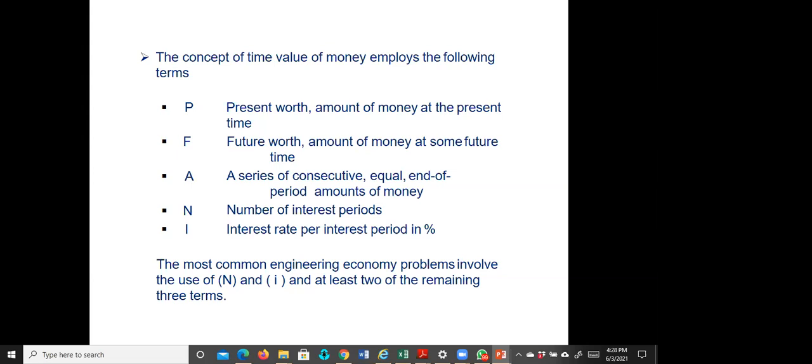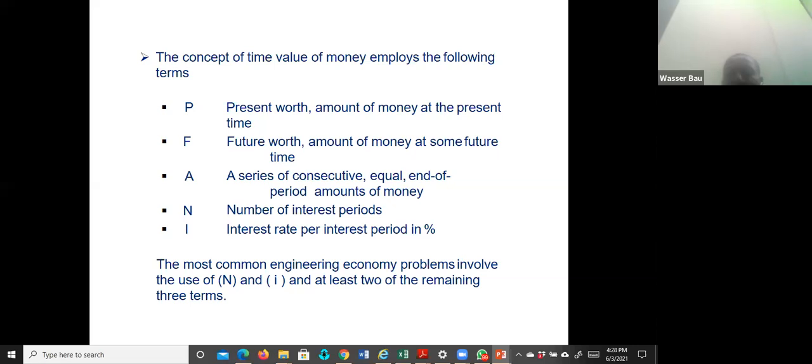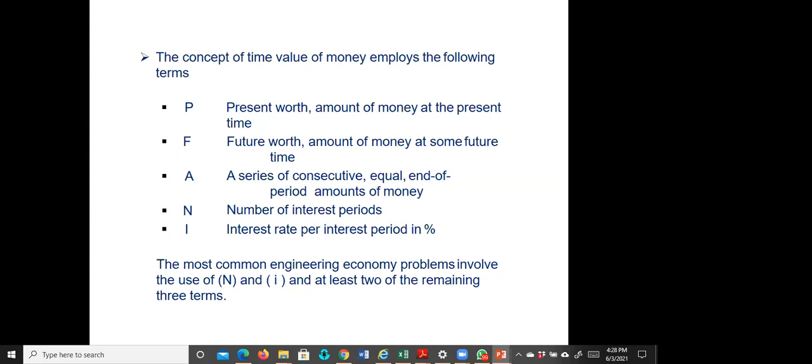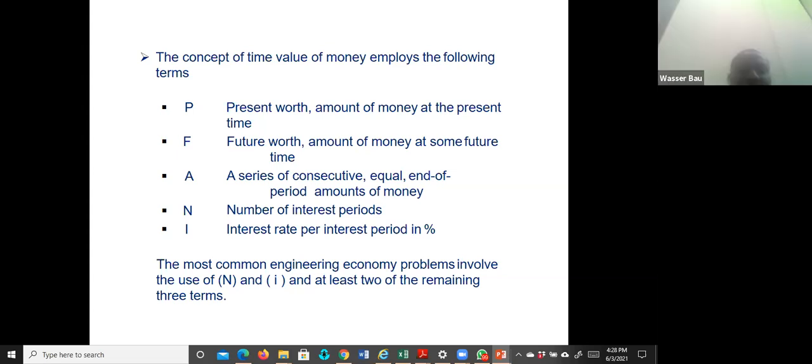Are you looking for the future amount? Are you looking for the present amount? Or are you looking for that equal series of payment, like somebody who has taken a mortgage loan? Every year you must pay a certain amount of money for you to own that house. The mortgage company says the house is worth 15 million, but that you can be paying them 60,000 every month.